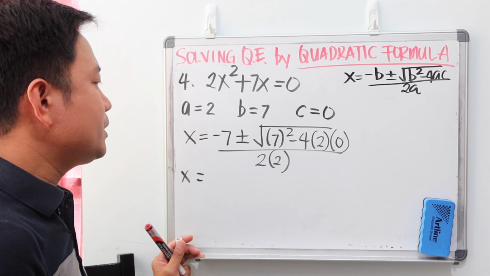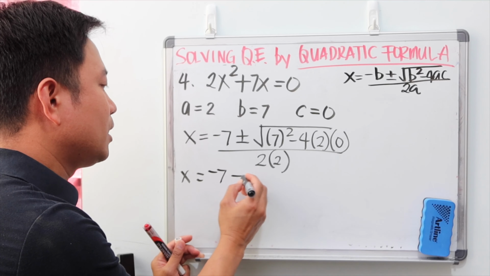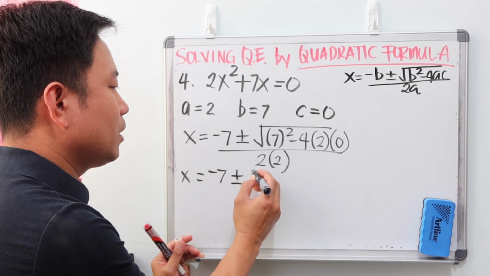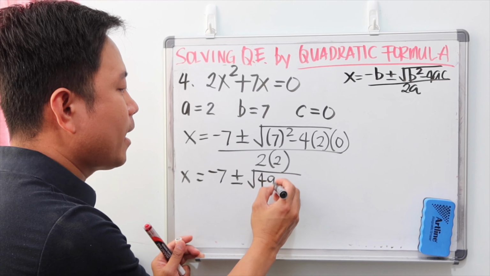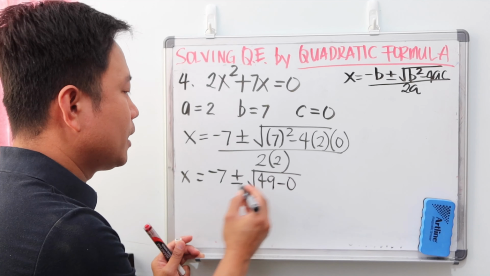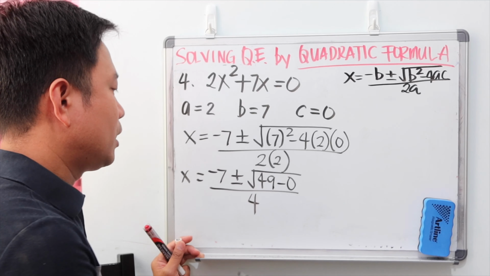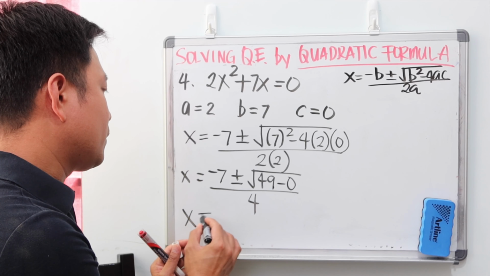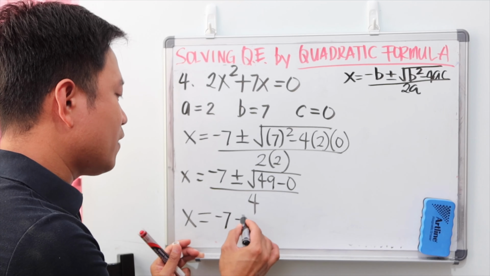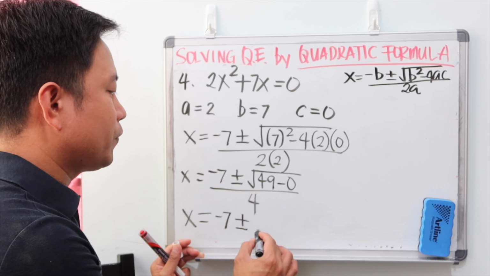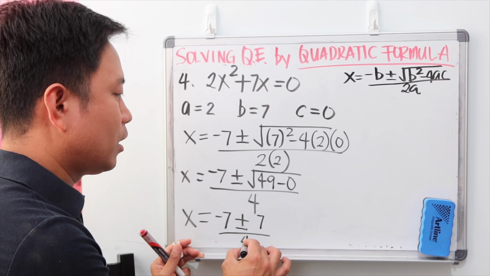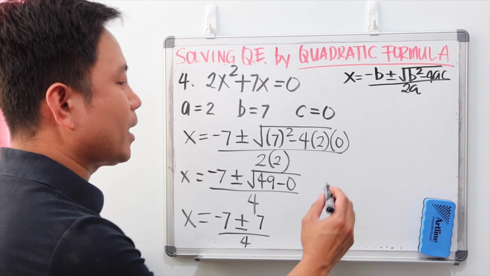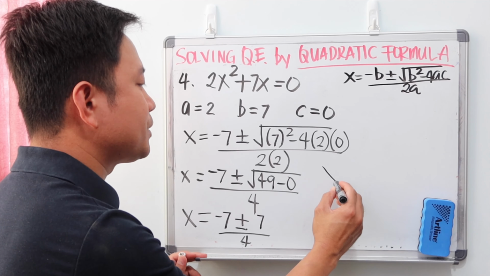So simplifying this, we have negative 7 plus or minus the root of 7 squared, which is 49, minus 0, divided by 4. So we have negative 7 plus or minus root 49, which is 7, divided by 4. So here we have two values of x because the discriminant is positive.